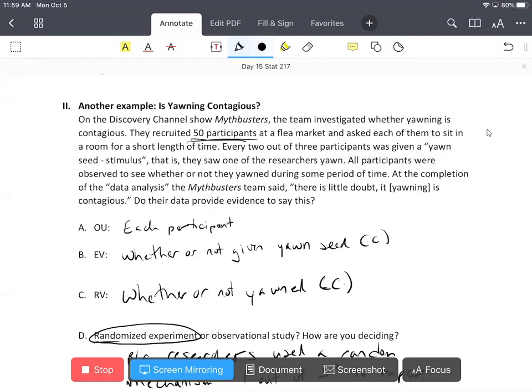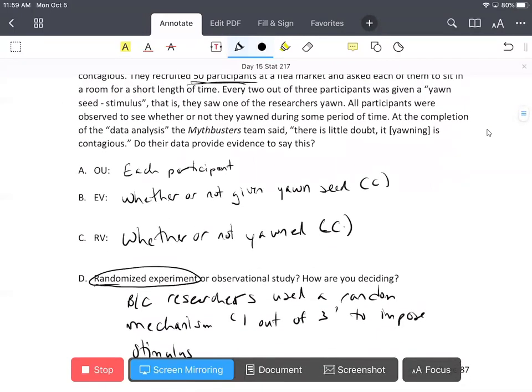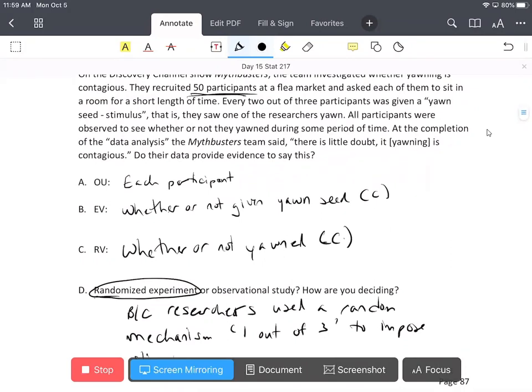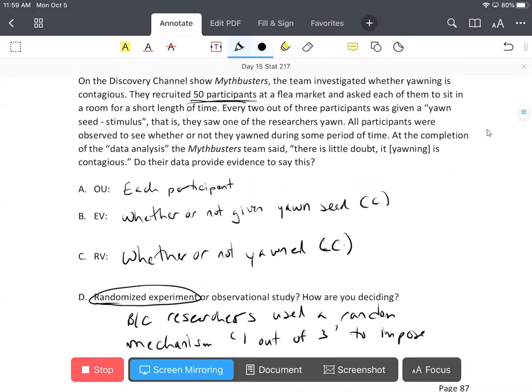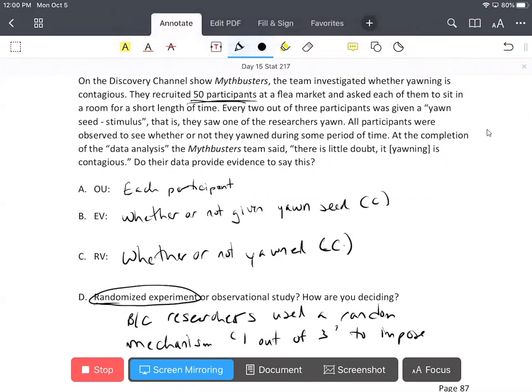So we want to proceed with this study, and hopefully you listed the observational unit as each participant, or each participant at the flea market. Either one is good. The explanatory variable. Now remember, what's going in and what's coming out. What went in was whether or not they were given a yawn seed, in other words, whether they saw someone yawn, so it's categorical.